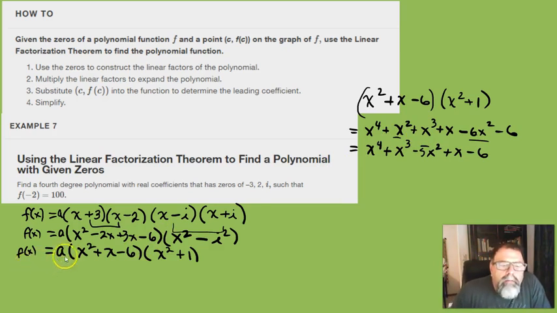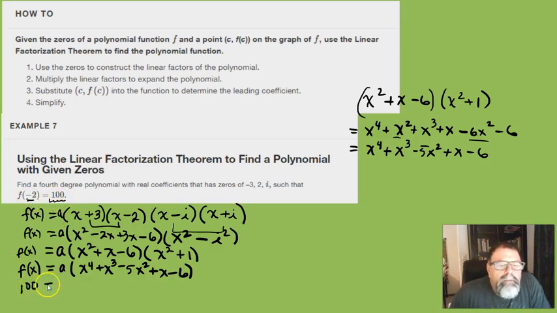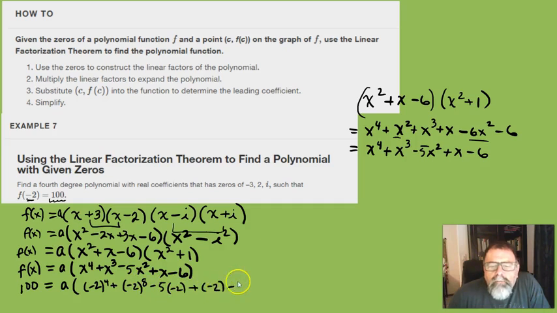So f of x is equal to a times x to the fourth plus x cubed minus 5x squared plus x minus 6. Now I'm going to plug in -2 for all my x's, and that's going to equal 100.